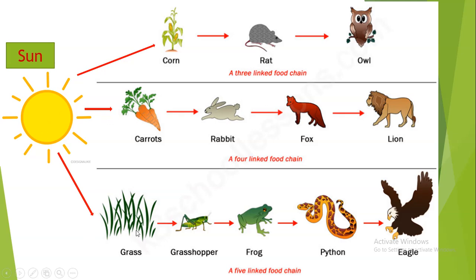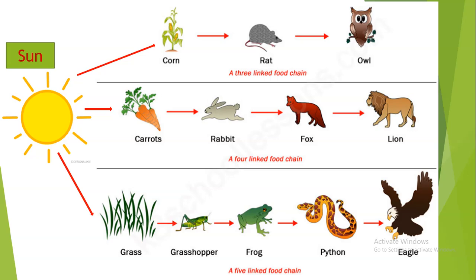Sun, grass, grasshopper, frog, snake, eagle. Okay? So, all food chains, they begin with the sun, then you're gonna put the producer or the plant.